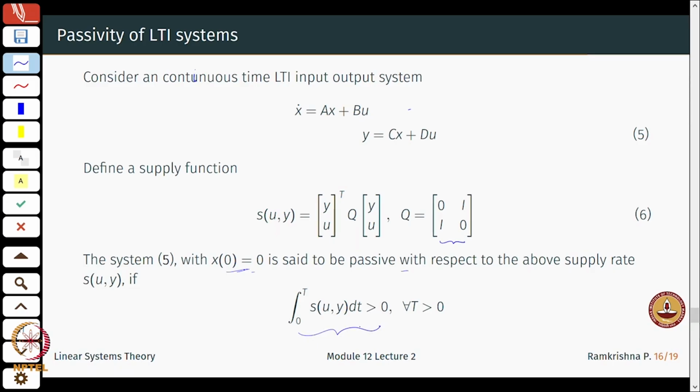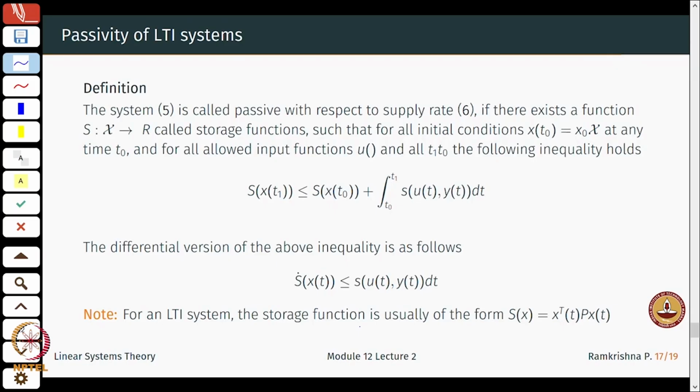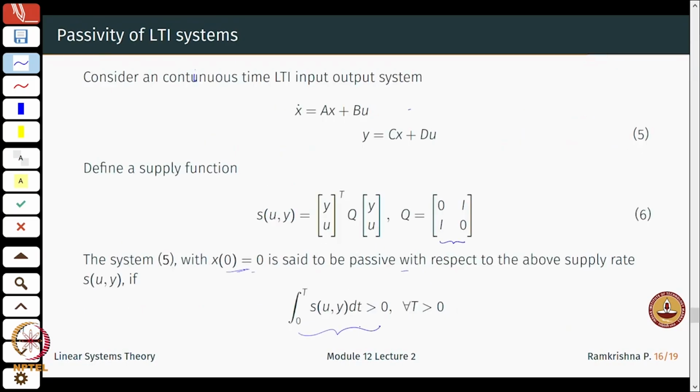Okay, what does this mean from the physics point of view? Let us do things in a way that we can understand.